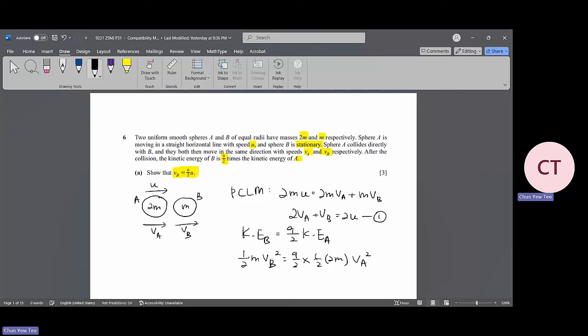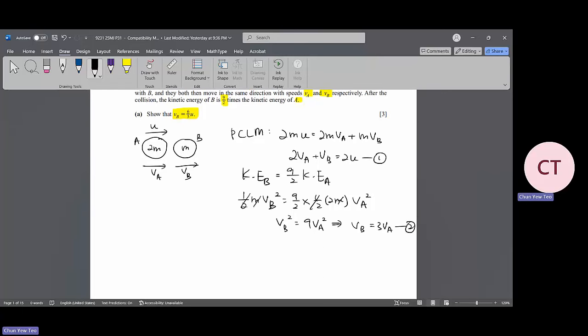So you cancel the half, cancel the m, you get VB squared is equal to 9 VA squared. So that means your VB is 3 VA. That will be your second equation.